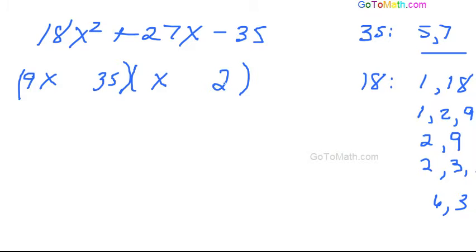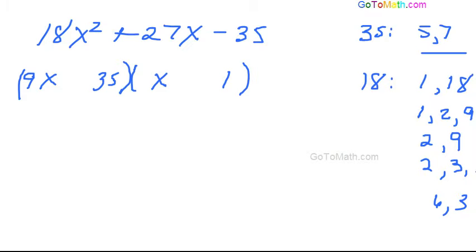Well, this times this is going to always be 18. What am I thinking? Oh, wait a minute. Crud. This has to be a 1 here. 9 and 35. Whoa, wait a minute.